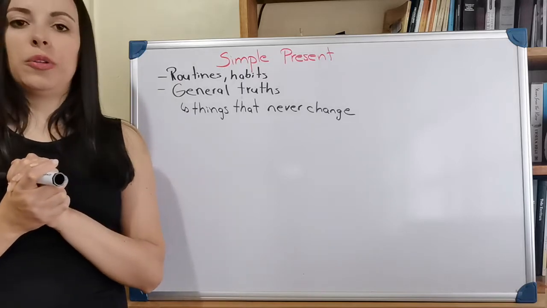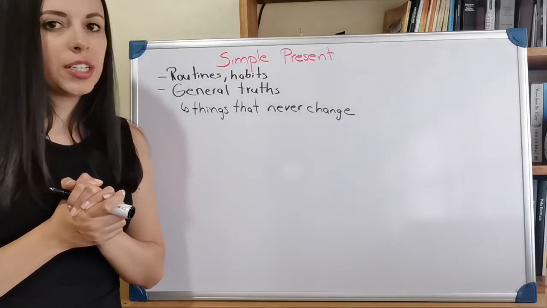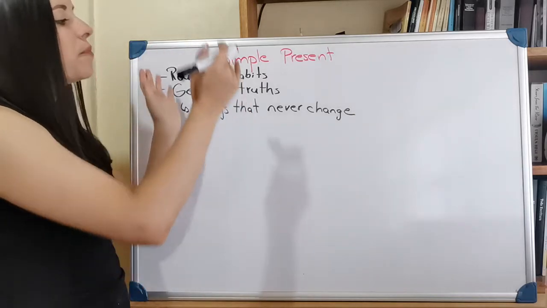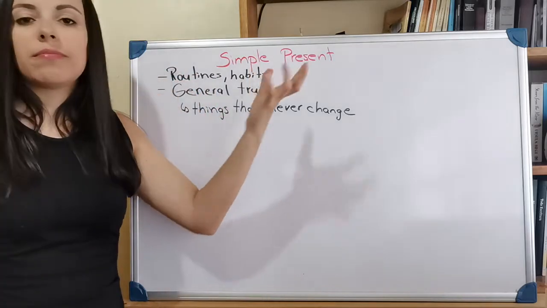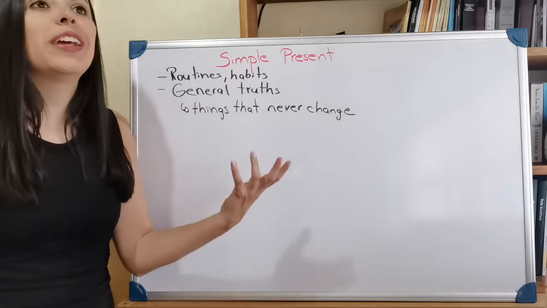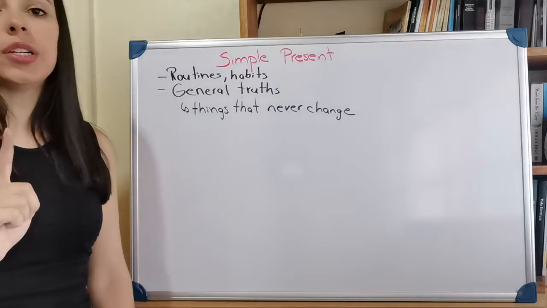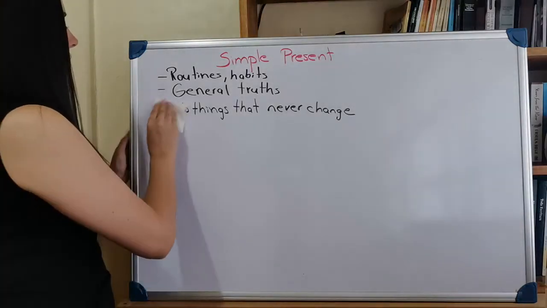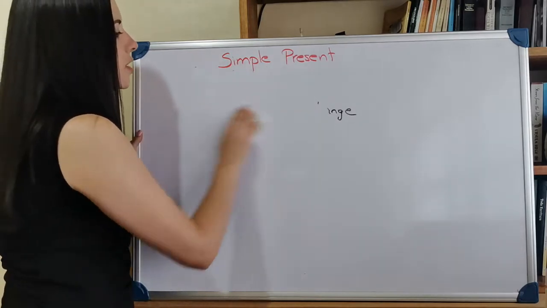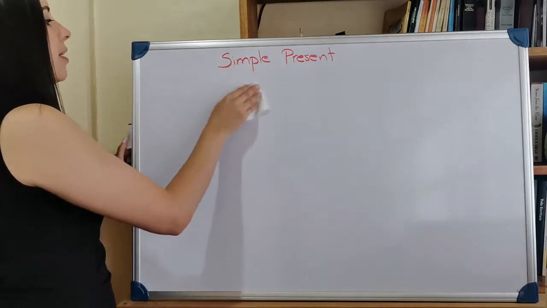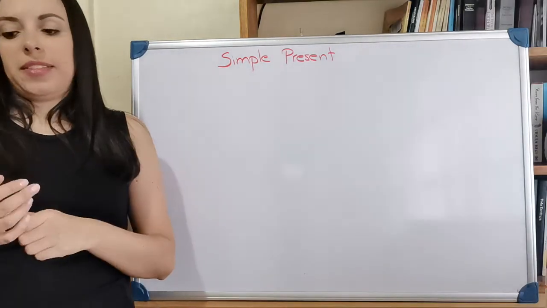So remember that I told you that English is a very structured language. Okay, we always have a structure for each verb tense, for each grammar aspect, and here is the same. So we're going to start seeing how to create sentences, complete, grammatically correct sentences using this verb tense, the simple present.